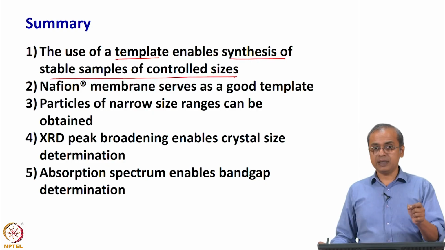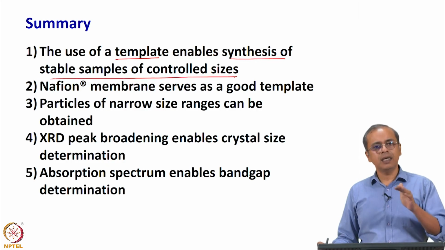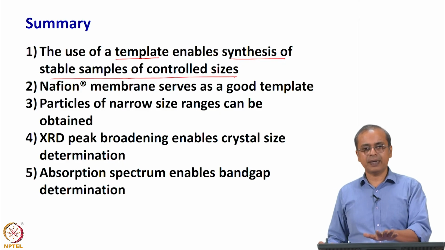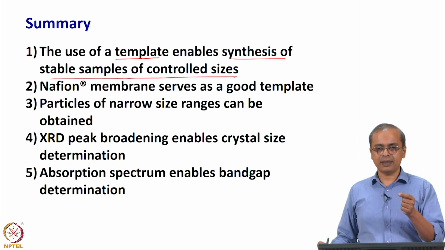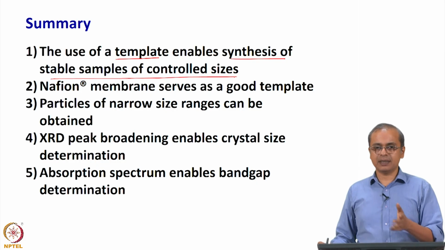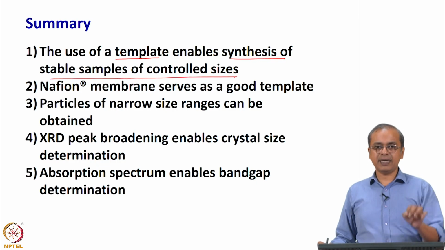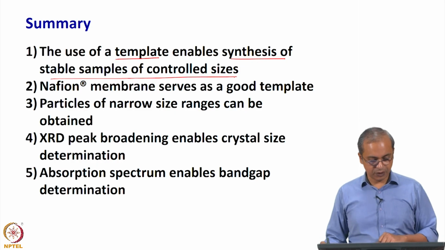It helps you control the size of those particles, and it helps you extend the life of the particles. The main constraints are that there is a template which is going to remain with the particles, that the template could burn or get damaged in some other way, and also that it creates a very dilute presence of those particles. You do not have a very large number of particles that you can handle.